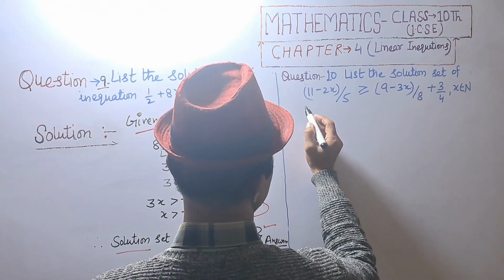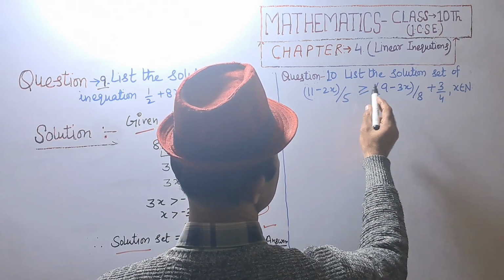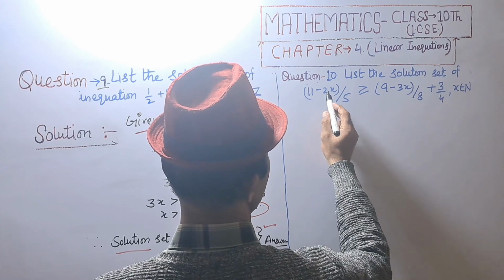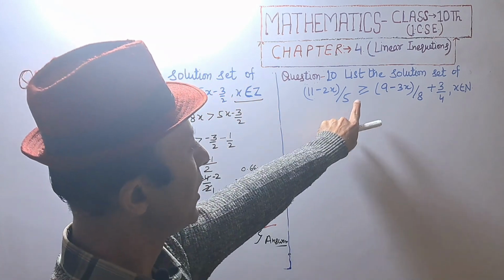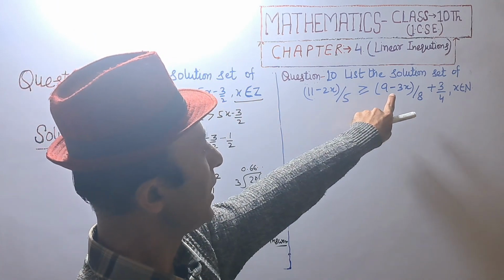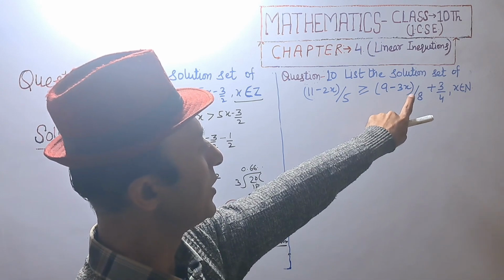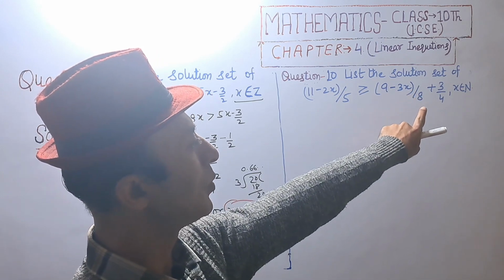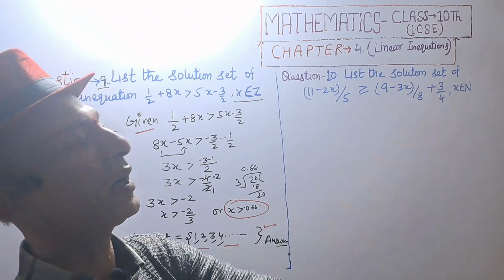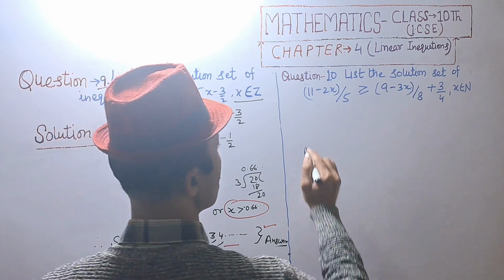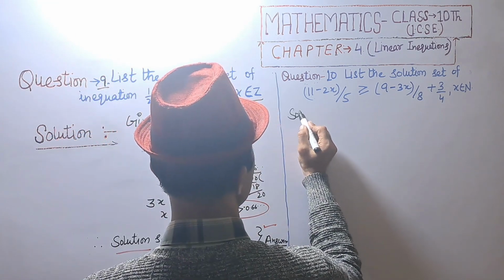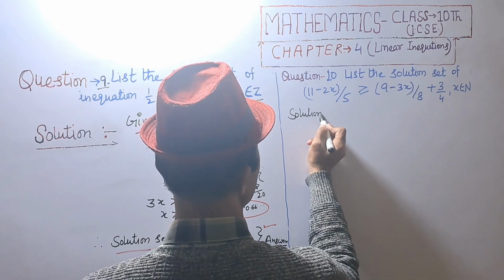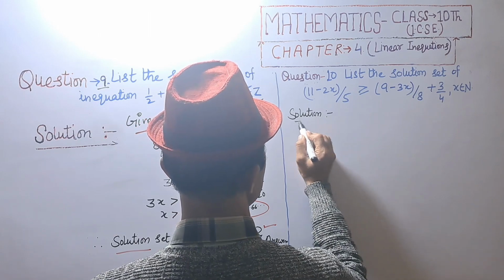Question number 10. List the solution set of (11 − 2x)/5 > (9 − 3x)/8 + 3/4, where x belongs to natural numbers. Solution.